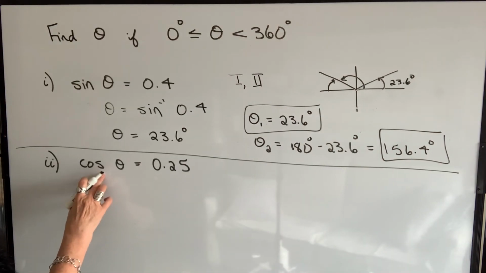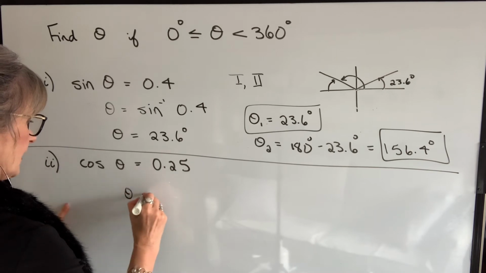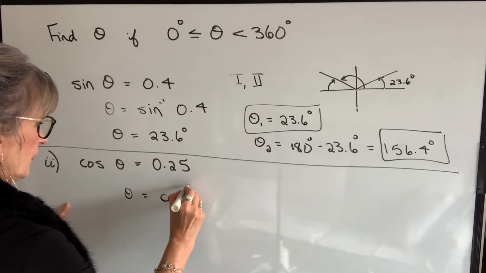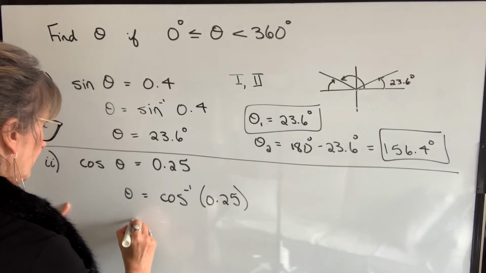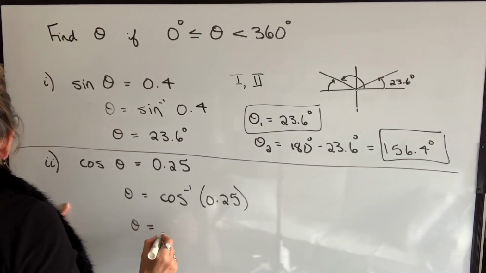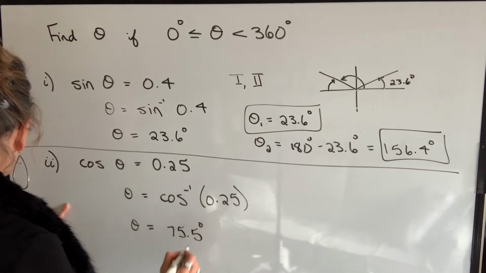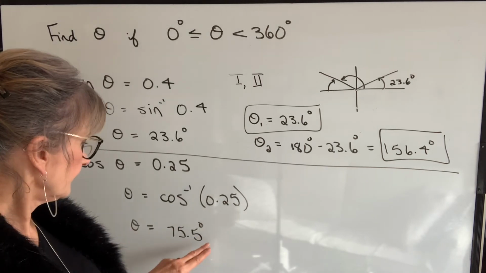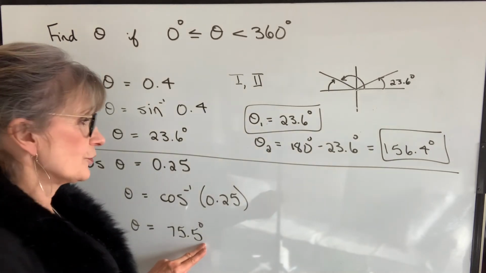If we had cos of theta equals 0.25, we know that one angle will be the inverse cos of 0.25. When we find that angle, we get 75.5 degrees. That angle is less than 90 degrees, so we know that's in quadrant 1.